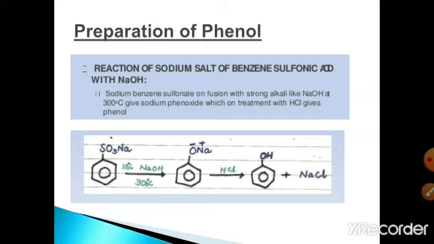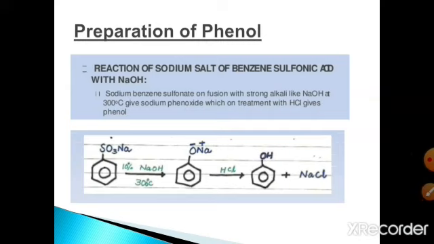If we have benzene, the sodium salt of benzene sulfonate is obtained if benzene is treated with sulfuric acid or fuming sulfuric acid, that is, sulfonation takes place on the benzene ring, so it is converted into sodium salt of benzene sulfonate.